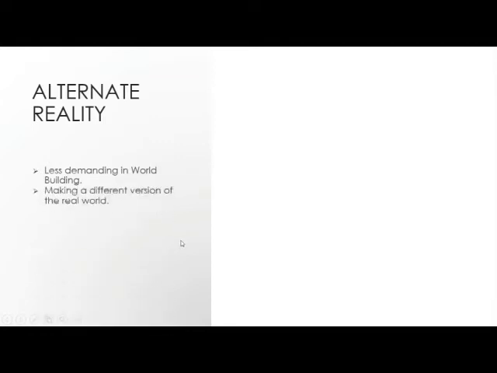I'm making a different version of the real world, so like dystopian with the Hunger Games, Divergent, and Day After Tomorrow, Transformers, Jurassic Park or Jurassic World. Those are all alternates.